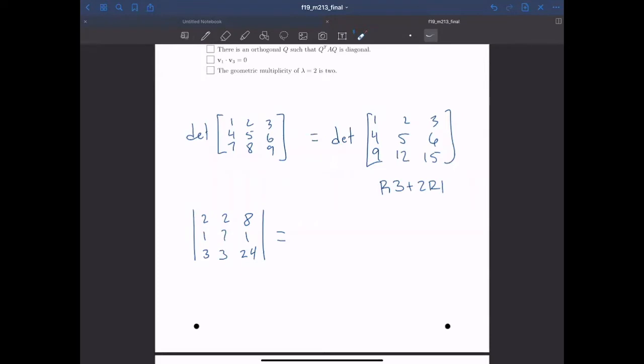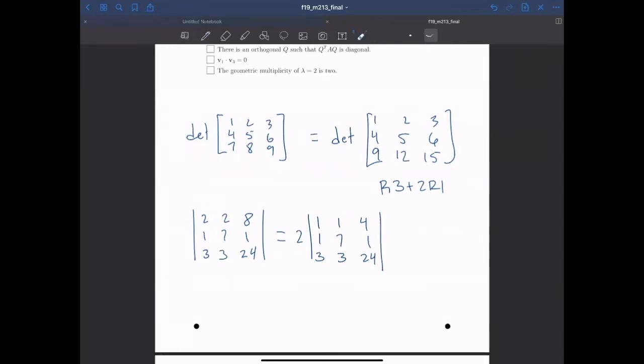The way it's said in the notes is if you multiply one row by a scalar, it changes the determinant by that factor. But the way that I always have it in my mind, the more useful way to think of it is that whenever you have a row where you can pull out a scalar, you can do that, and it just changes the value of the determinant by that scalar. So it kind of looks like you're factoring it out. That's the way I think about it. It's easier to keep track of in my mind.